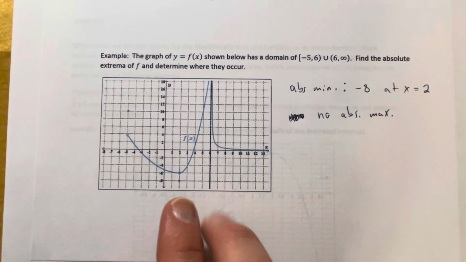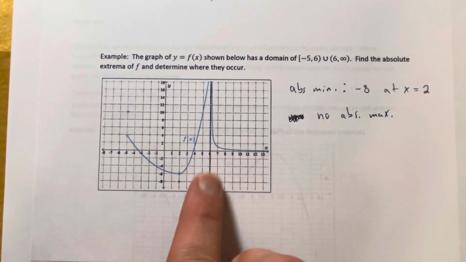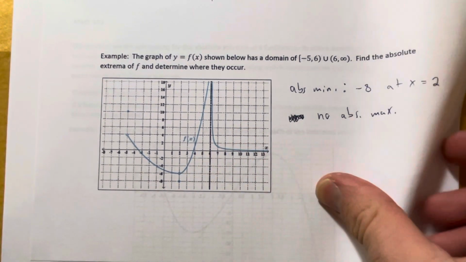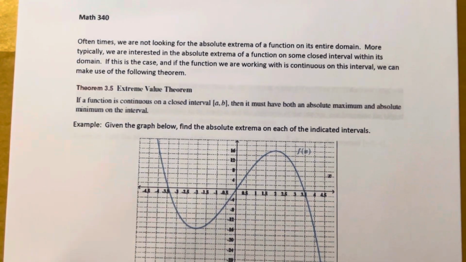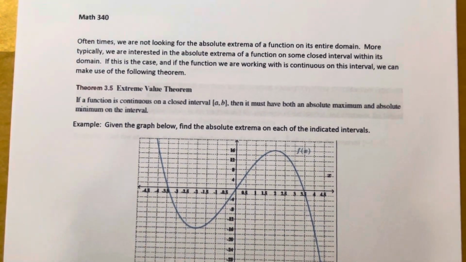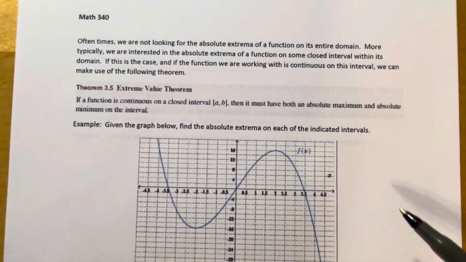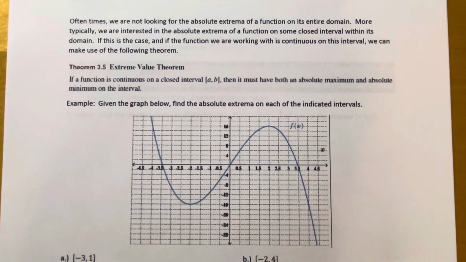So the extreme value theorem would not have applied here because this function is not continuous, which is part of the conditions in the extreme value theorem. We need the function to be continuous. Okay? So with the extreme value theorem, if we can see that a function is continuous and we're asked for absolute extrema on some closed interval, we will always be able to find both types there.